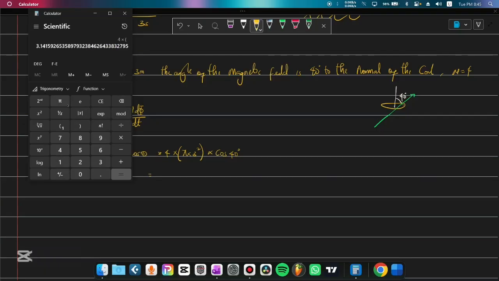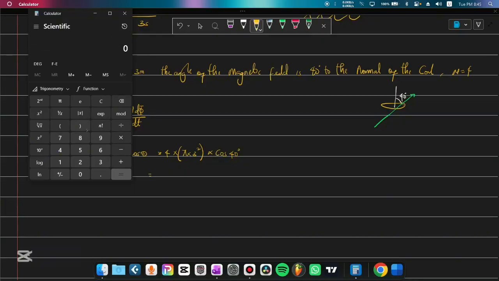Yes, pi times 3 squared, close bracket, times cosine. The calculator is not even nice to use. So let's do it little by little, since we can't put everything in this calculator.